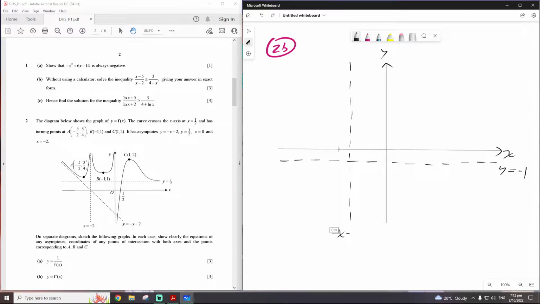Actually, let me move this a bit to the left, because this part is decreasing, so it will be negative later. Okay, it's going to start here and it's going to go up, and then it's quickly going to rise after this part. If I can draw this. Maybe I need a bit more room for this.